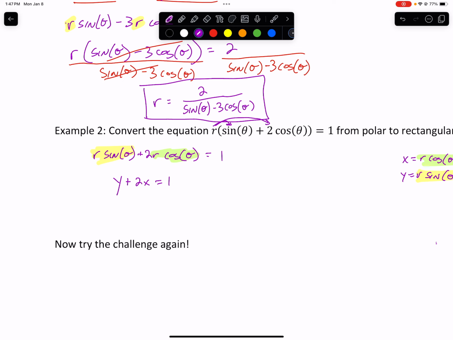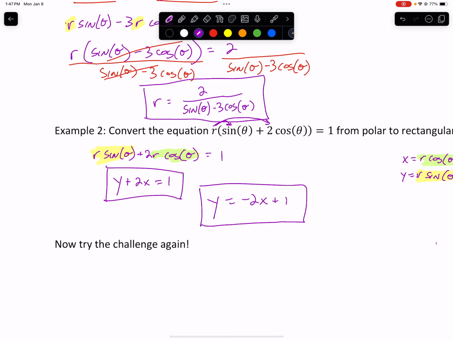All right, so we can leave it like this. That's rectangular. But if you want, you could solve for y. Again, that would be a line. And if we graphed this in polar, we'd see it's the line y equals negative 2x plus 1.